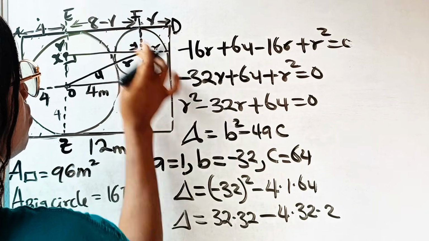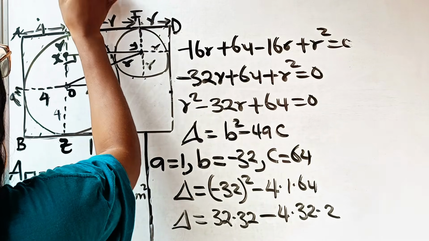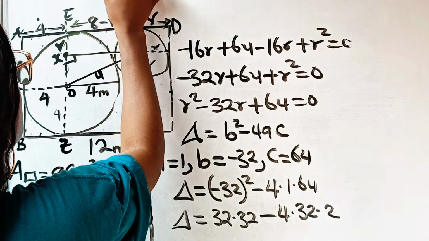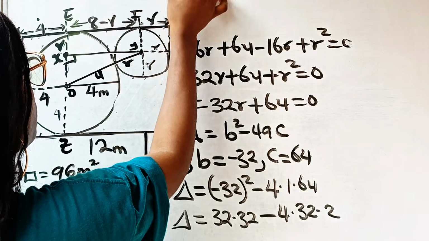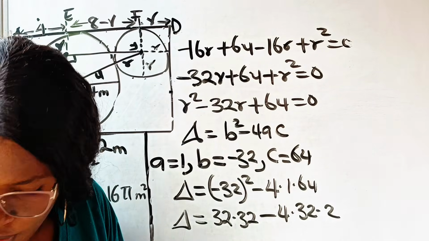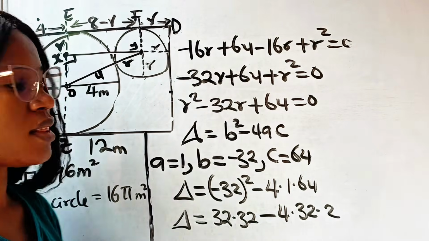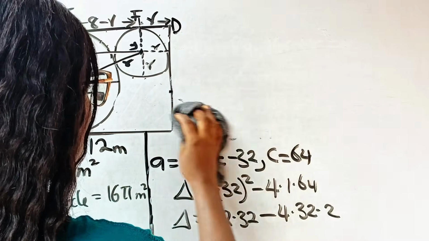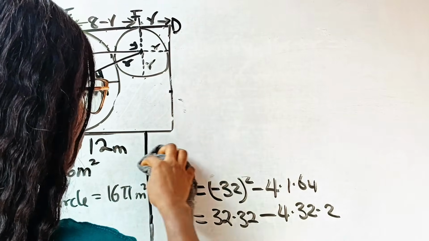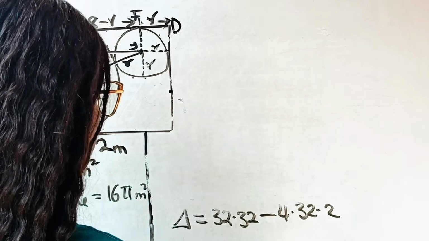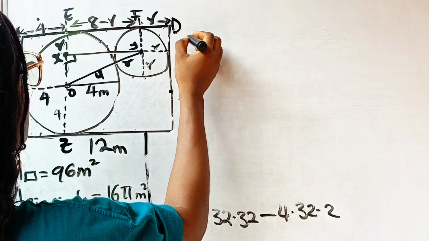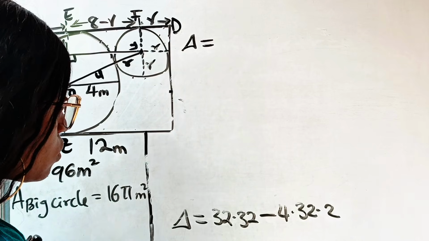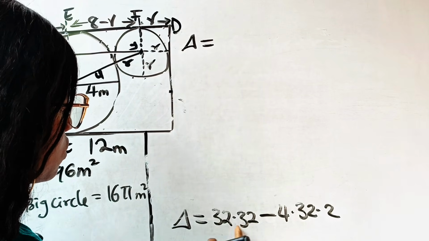R squared minus 32R plus 64 is equal to 0. Okay, so I can now clean everything so that we solve further. So the discriminant then should be equal to, let's factorize 32 from here.